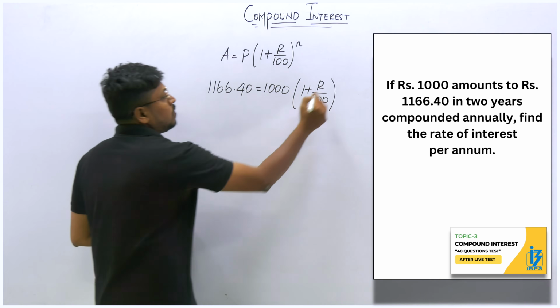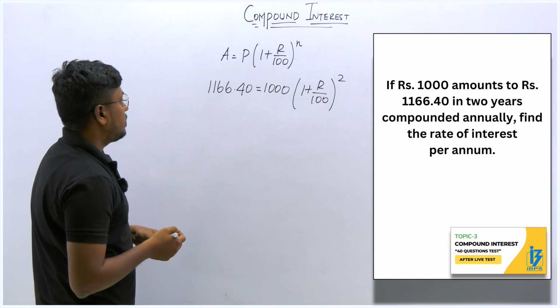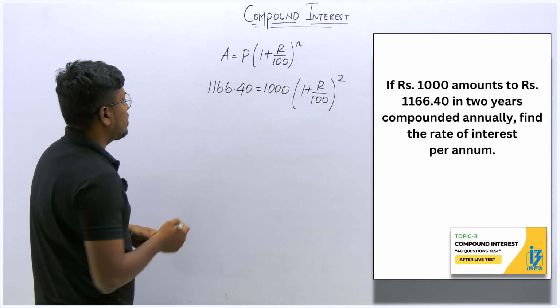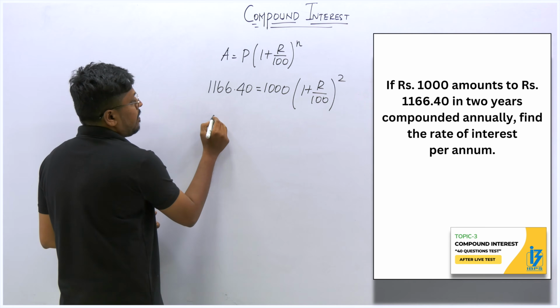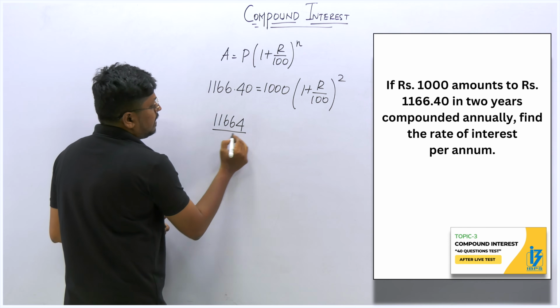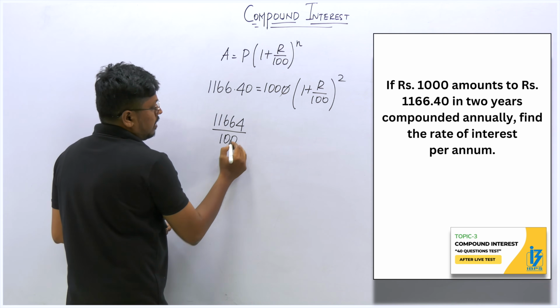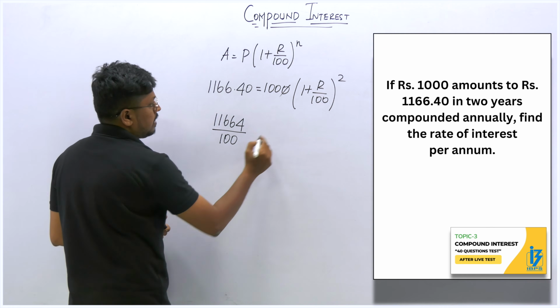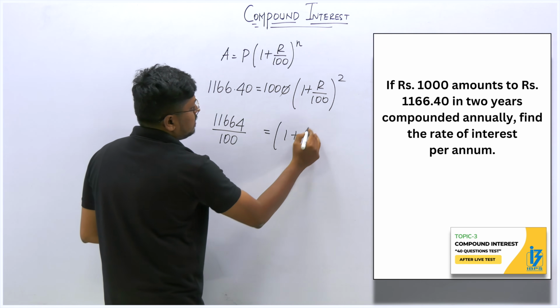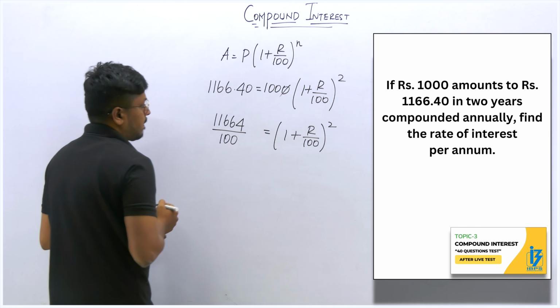So n is 2 years, right? So all the values they have given here. So this can be written as 11664 divided by, we can cancel 10, this will be like 10000, right? So 11664 over 10000 is equal to 1 plus R by 100 the whole square. Yes.